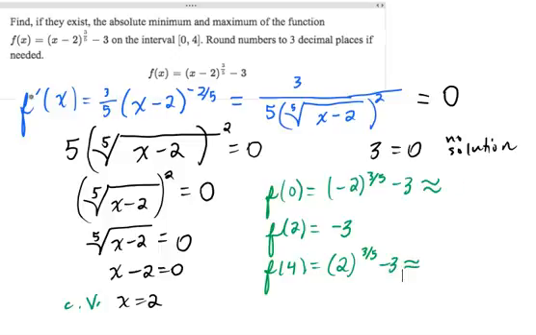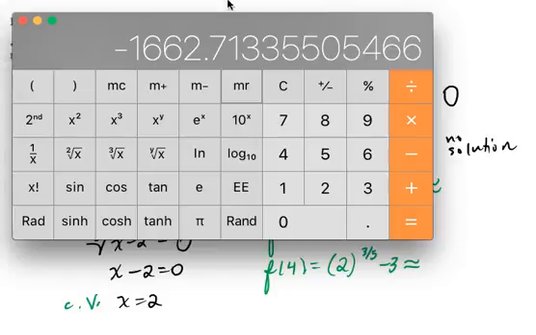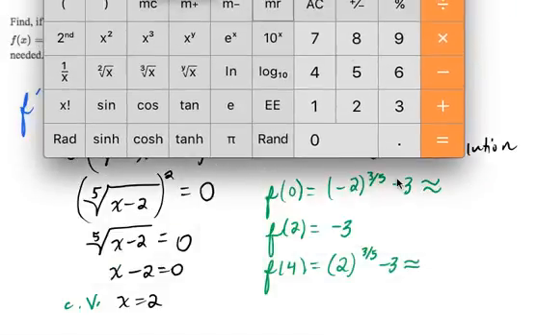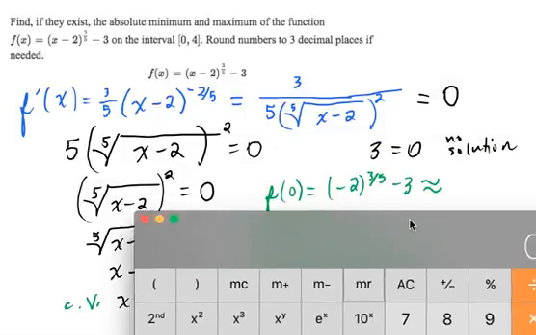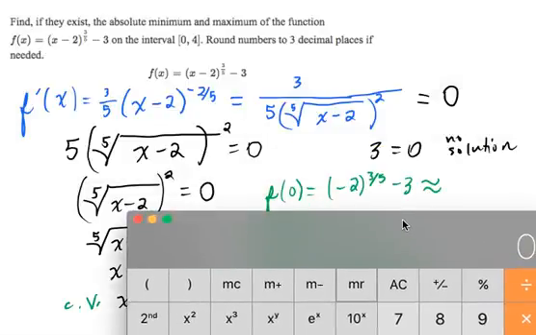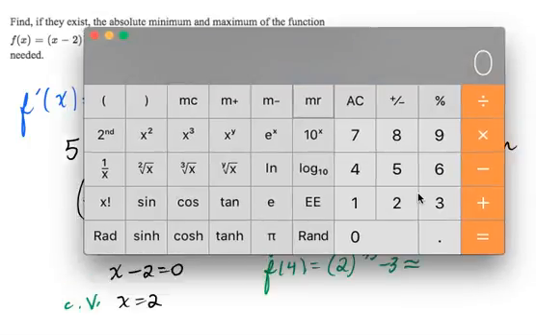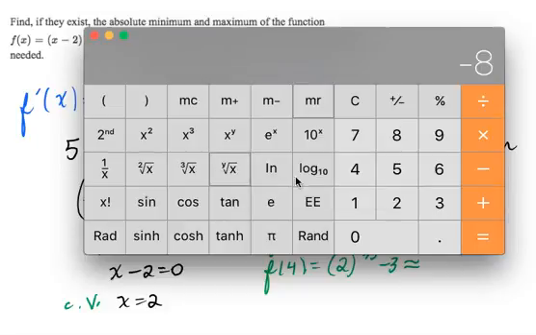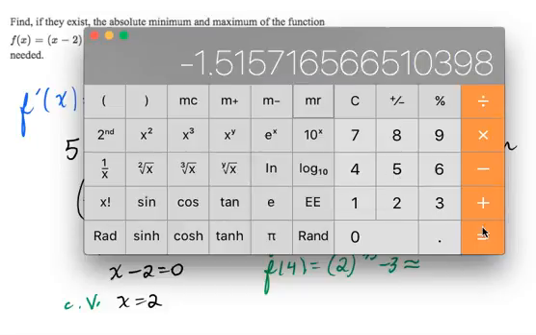So let's see what we get for those y values. Okay, plugging these numbers in, I have negative 2 to the 3/5 minus 3, so let's raise negative 2 to the 3/5 power. The cube of negative 2 is negative 8, and then the fifth root of that, that sounds about right.